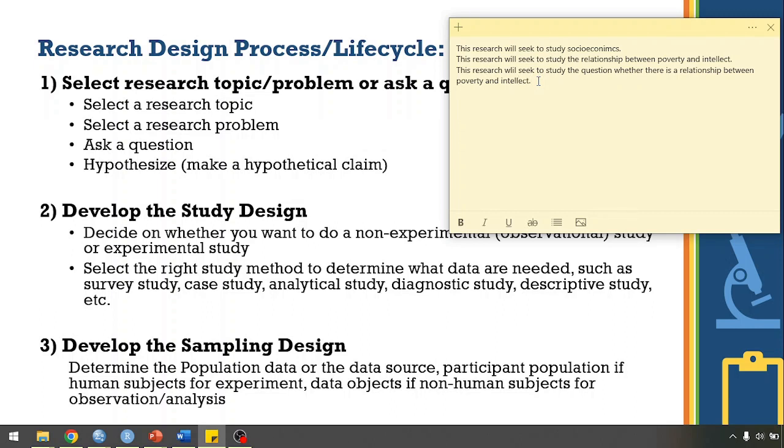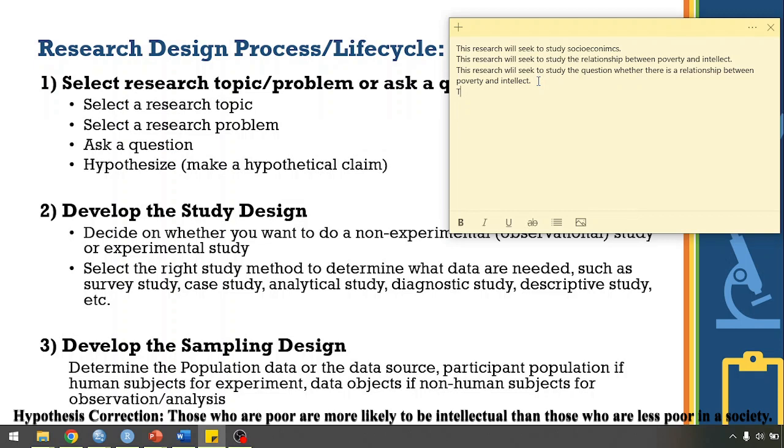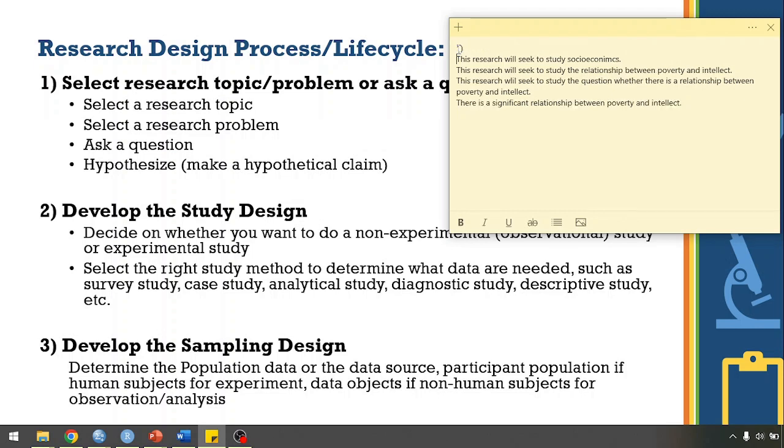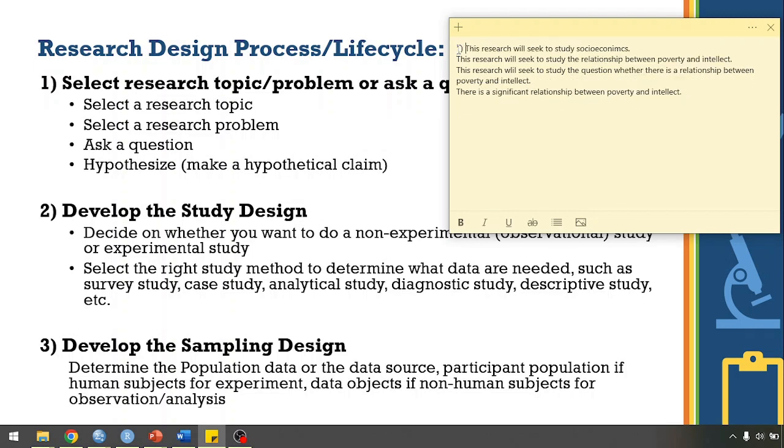Or you can actually hypothesize by saying there is a significant relationship between poverty and intellect. So you're making a claim here in the hypothesis section. So again, the first part of any research starts with presenting a topic question, a research question, a problem question, or a hypothesis claim.